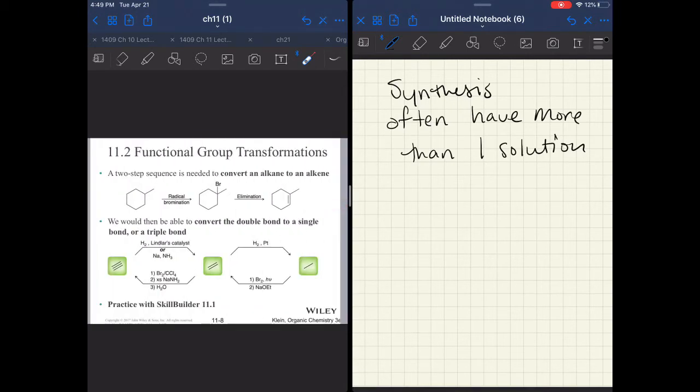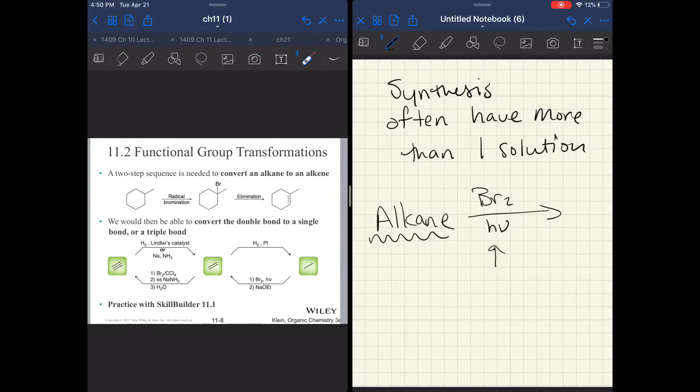One reaction that I have taught you guys, and you've learned through chapter 10, is really a gift. You only know one reaction for an alkane, and that is radical halogenation, so using Br2 and light. So if I ever make you start with an alkane and you have no idea how to get to the end, you should at least be able to get partial credit because you know the first step.